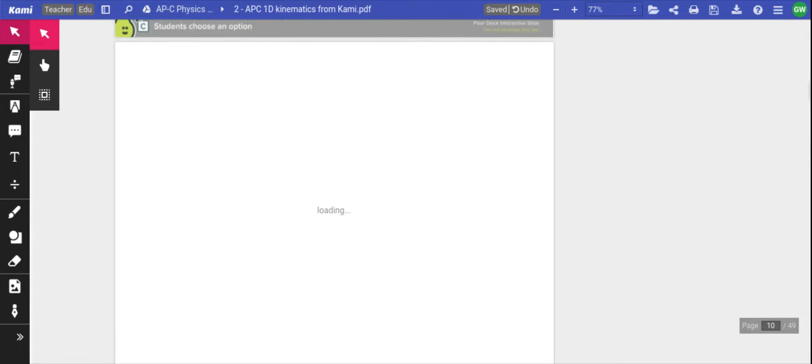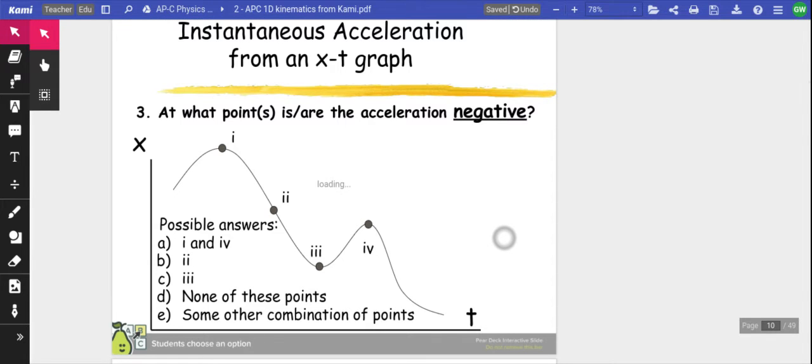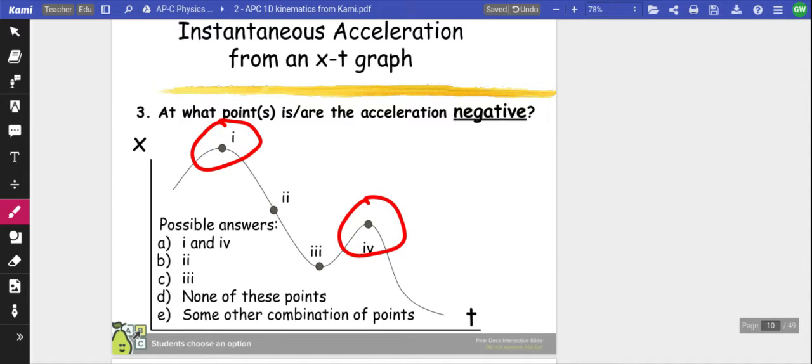How about a negative acceleration? At what point or points is the acceleration negative? The answer is that the acceleration is negative at 1 and 4. We have a displacement time graph. The slope of the graph is velocity, and the change in the slope is our acceleration.